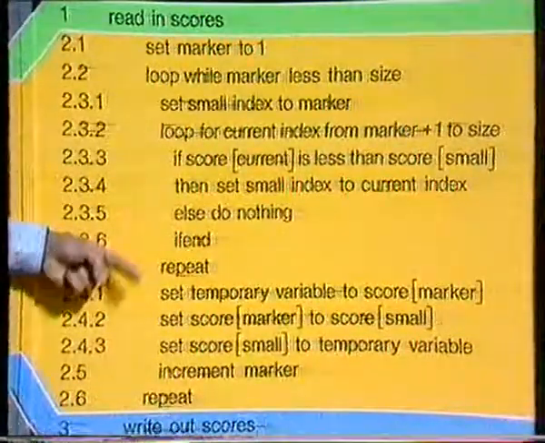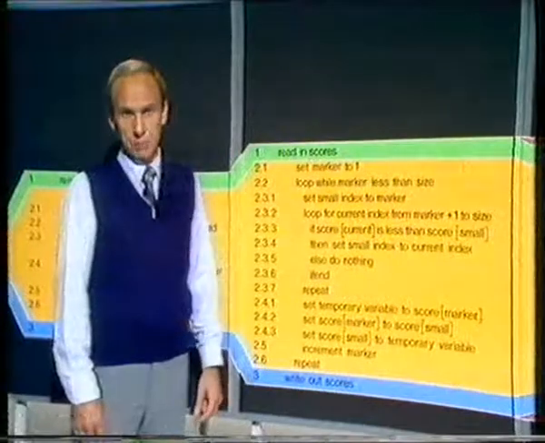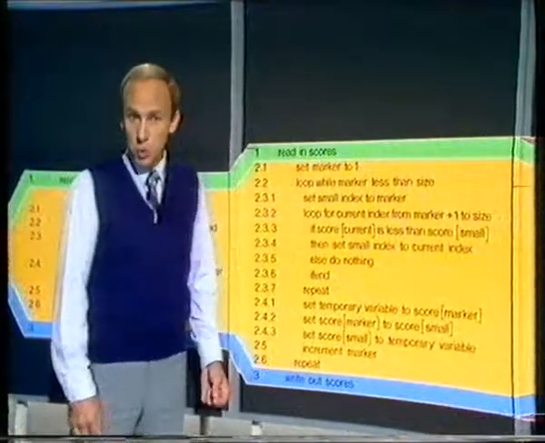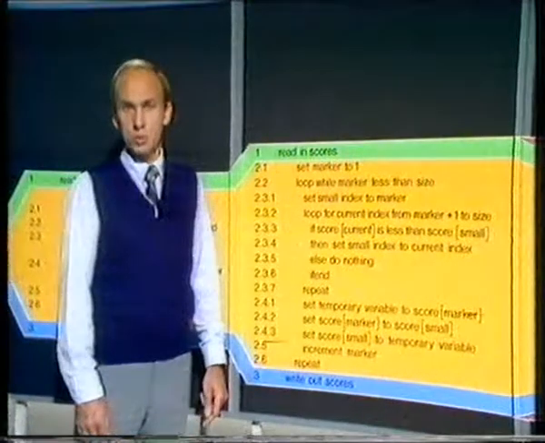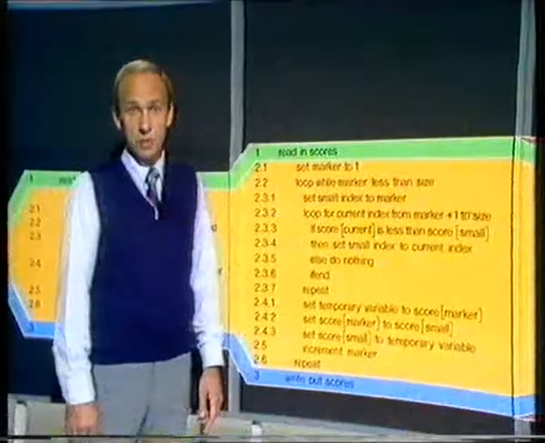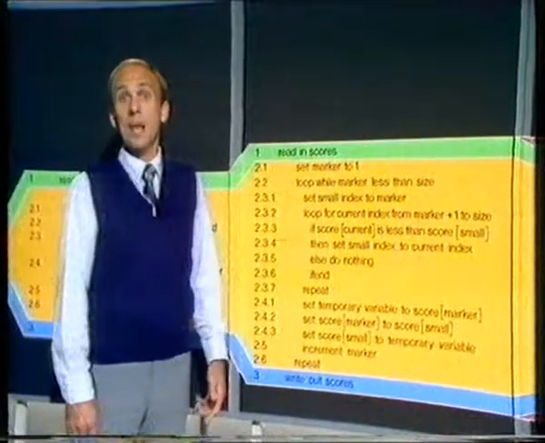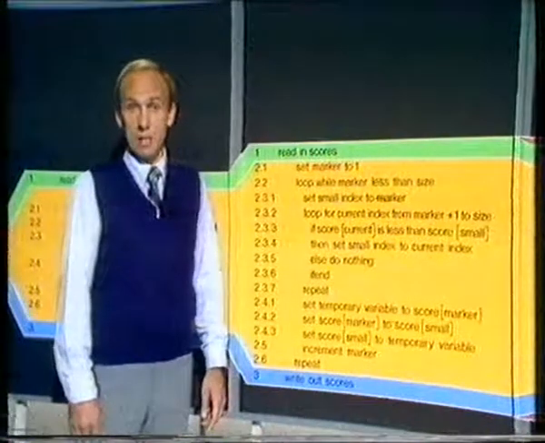But what do we do each time round the loop? We check each unsorted element. If it's smaller than the smallest one we've found so far, then we have a new smallest one so far. And when we've checked all the unsorted elements, the smallest one so far will actually be the smallest. So what does that look like written down?